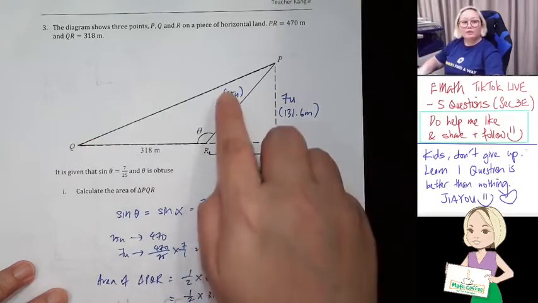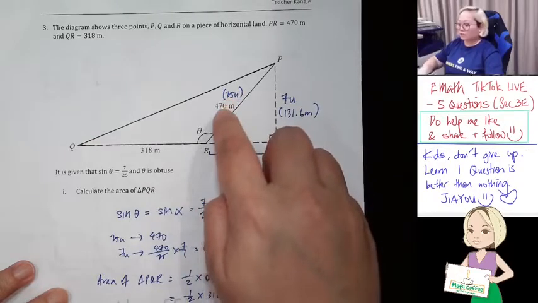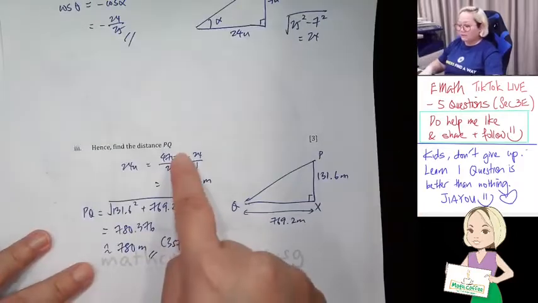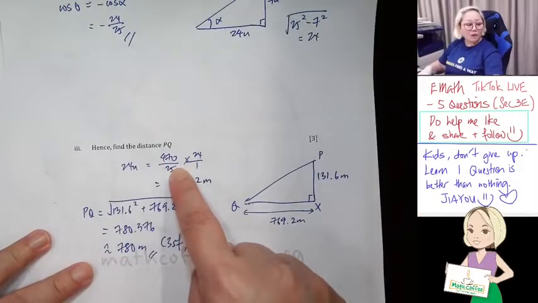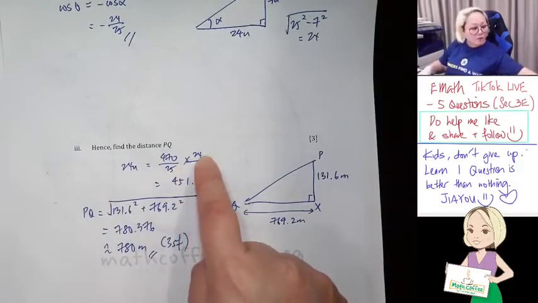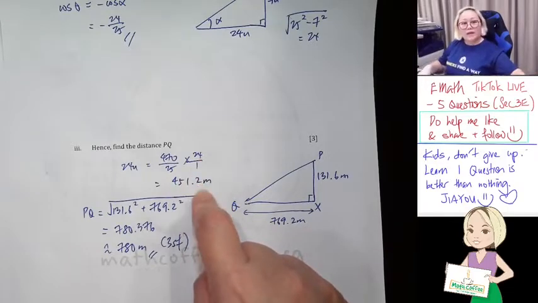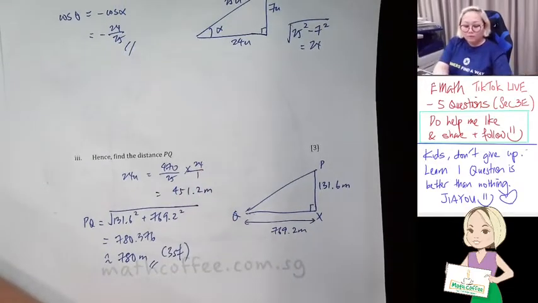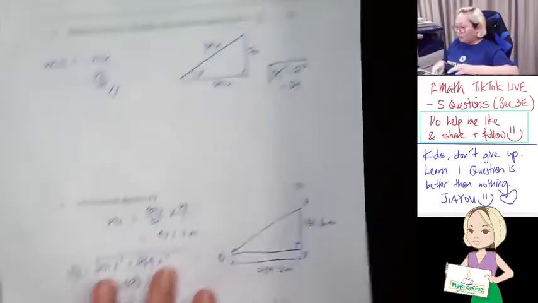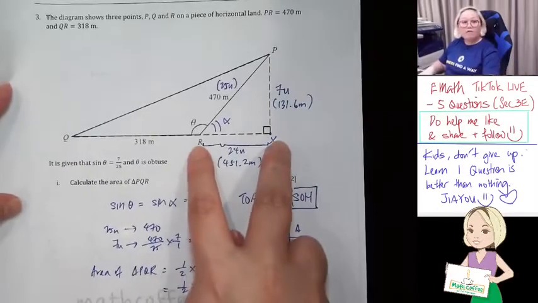And we know that 25 units is 470. So that's why I put 470 divided by 25 to find the 1 unit. Then multiply it by 24. Then after that, I get 451.2. Okay, that's how I get here 451.2.